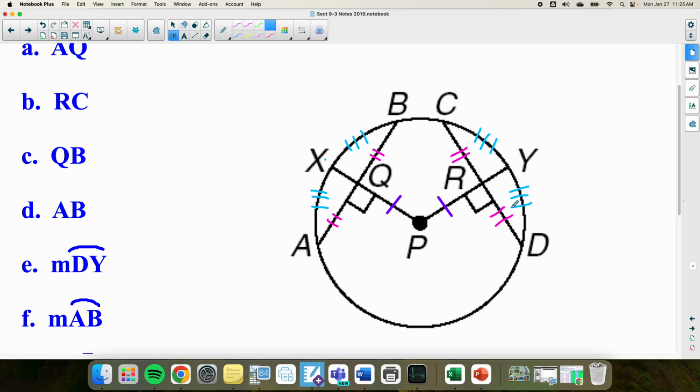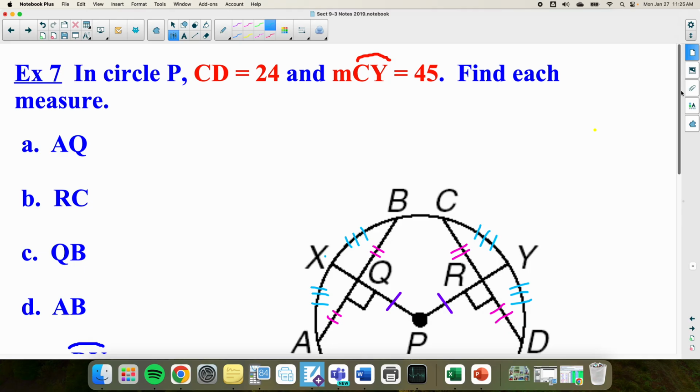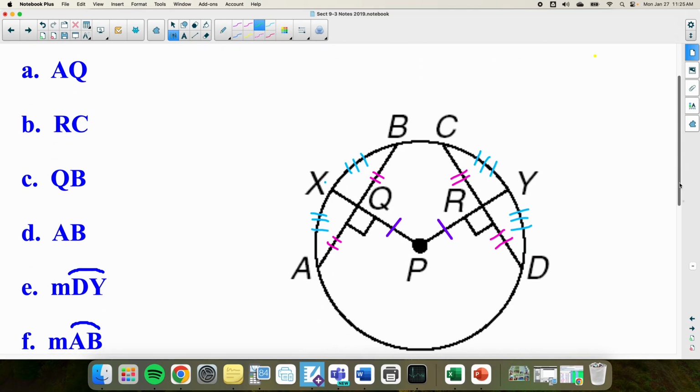So all four of those arcs are also equal. So what they tell us here is CD is 24. If CD is 24, what are each of these two, CR and RD? 12.